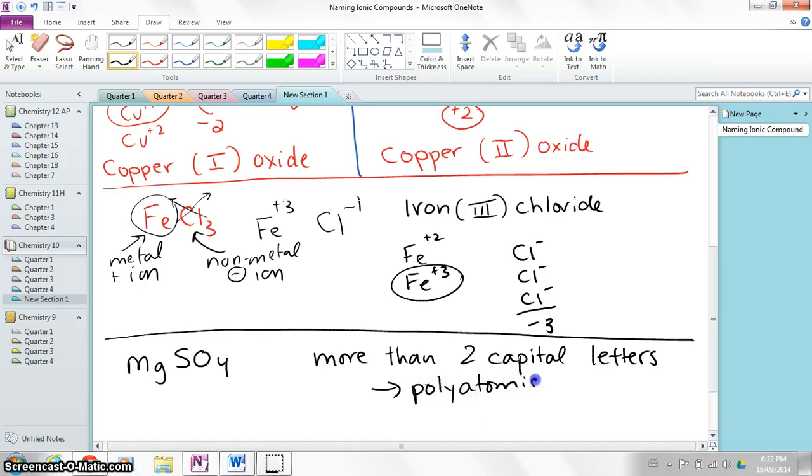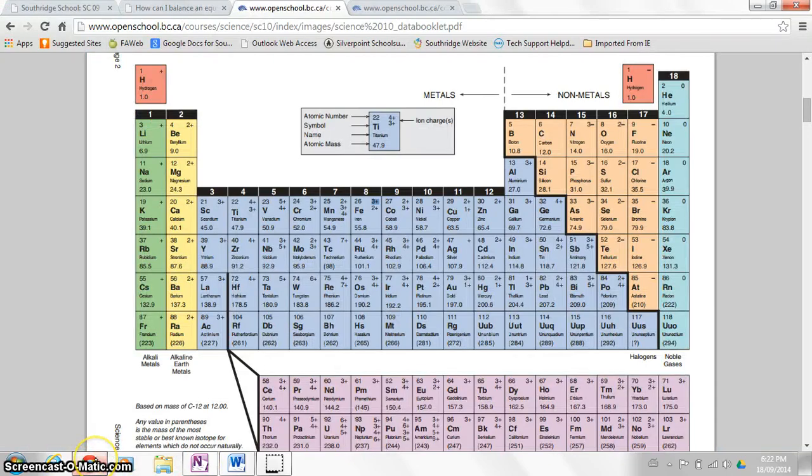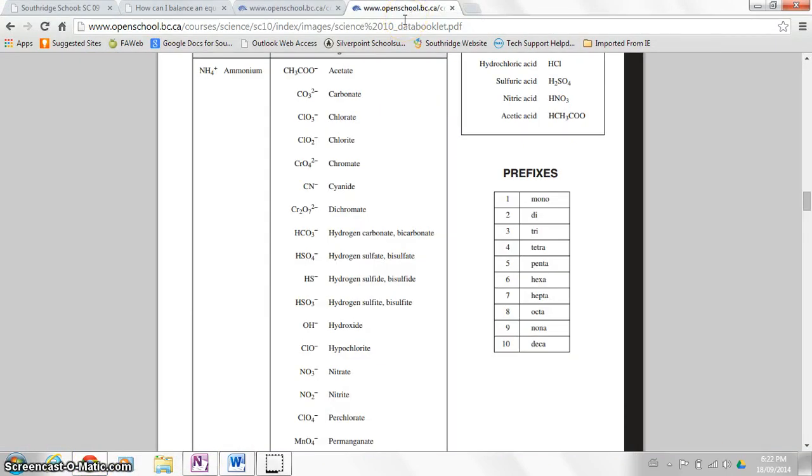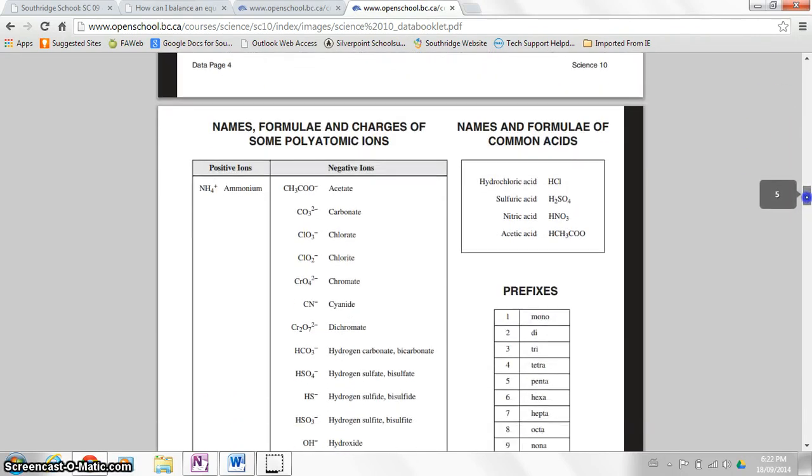And if you have a polyatomic ion in there, you have to go to your polyatomic ion table, which looks like this one here. It's called the polyatomic ion table. Can I scroll up? There we go. A lot of people miss this one here. There is one positive polyatomic ion, ammonium, right here.